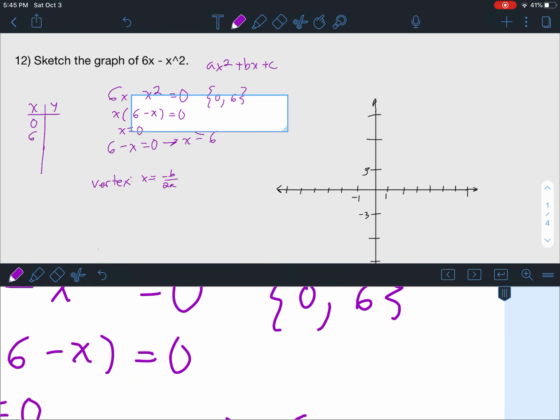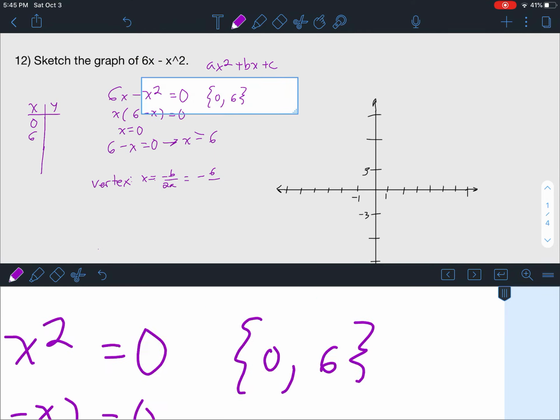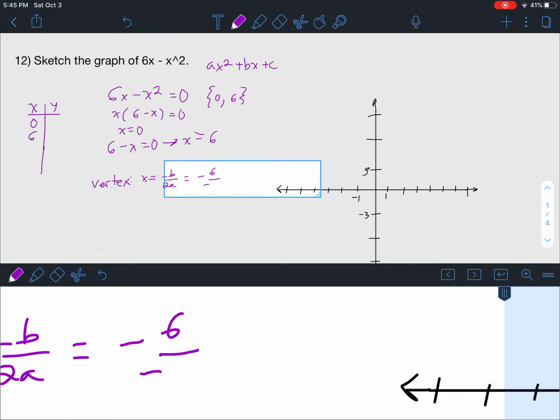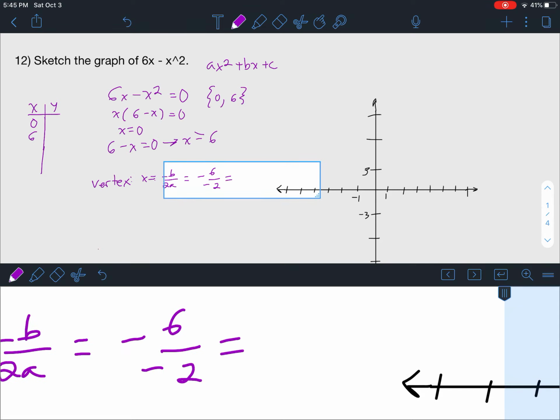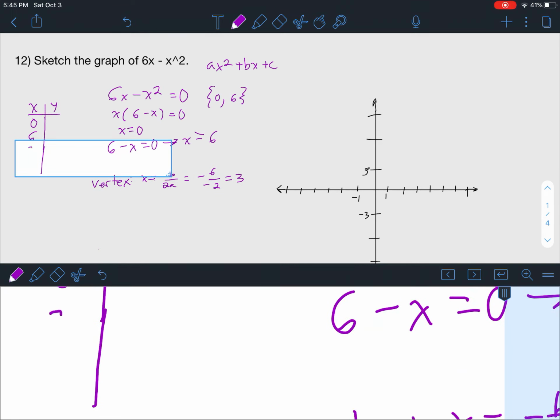So in this case, b is equal to 6, so it would be negative 6 divided by 2 times a, which is negative 1 in this case. Because you have to multiply by 2, so it would be negative 2, which is equal to 3. So 3 should be included in there.